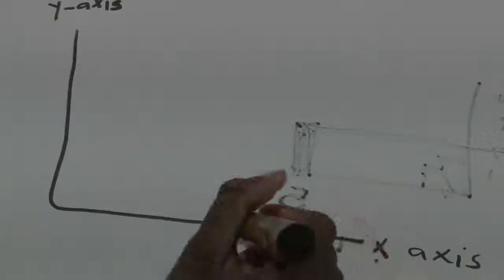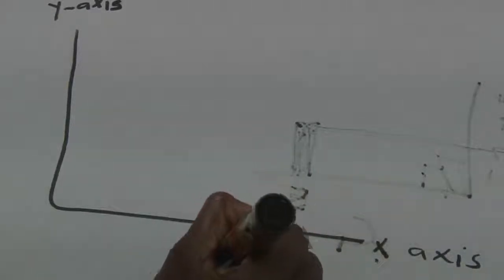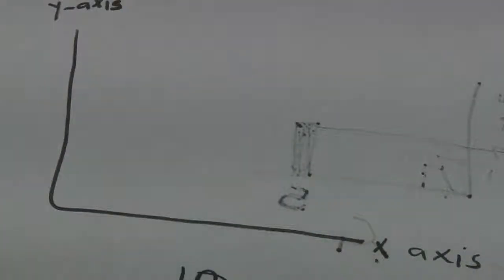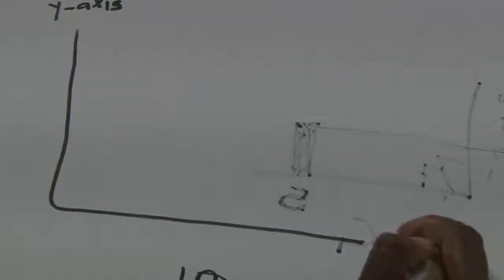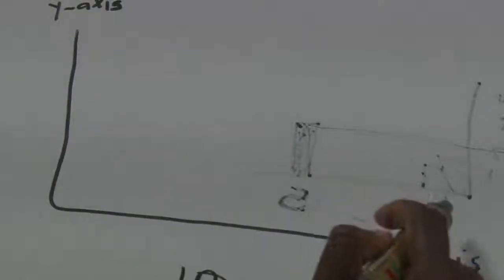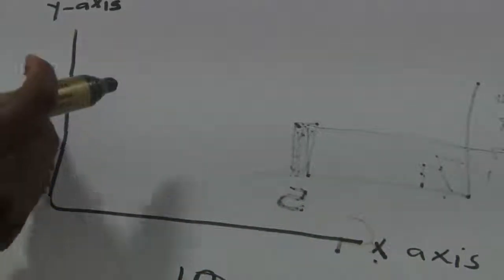The x-axis is the horizontal axis, and the y-axis is what we call the vertical axis.